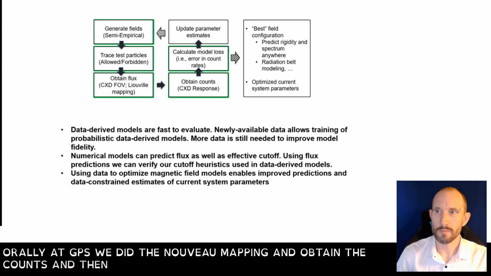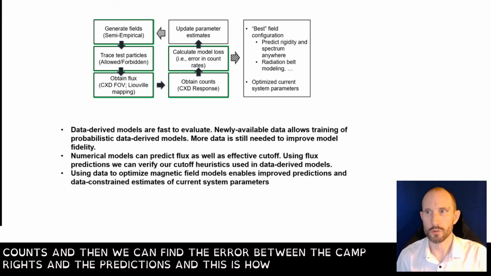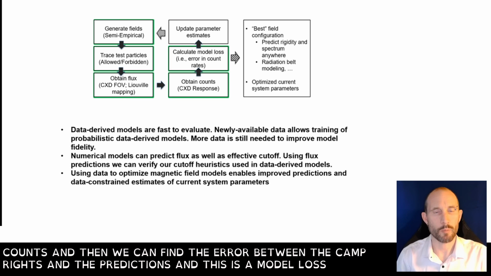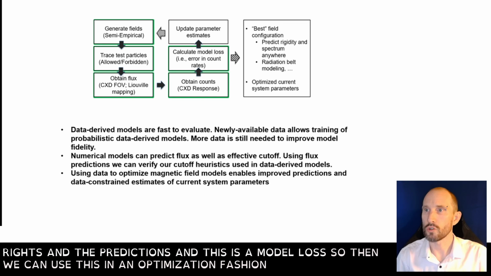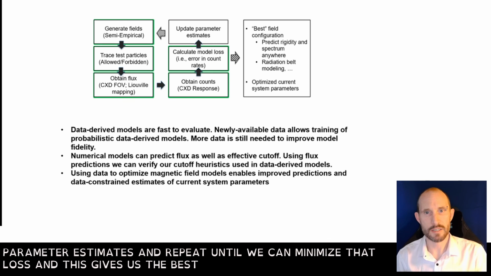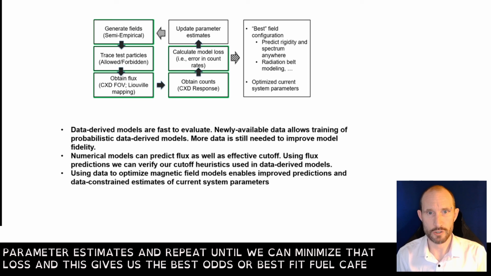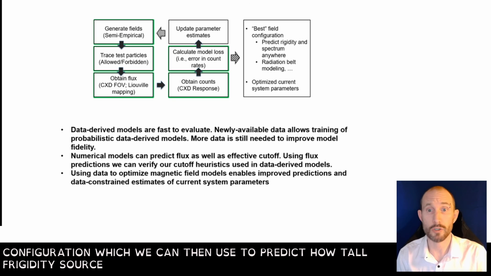And then we can find the error between the count rates and the predictions. And this is our model loss. So then we can use this in an optimization fashion to update our parameter estimates and repeat until we've minimized that loss. And this gives us the best fit field configuration, which we can then use to predict cutoff rigidities or spectra anywhere.